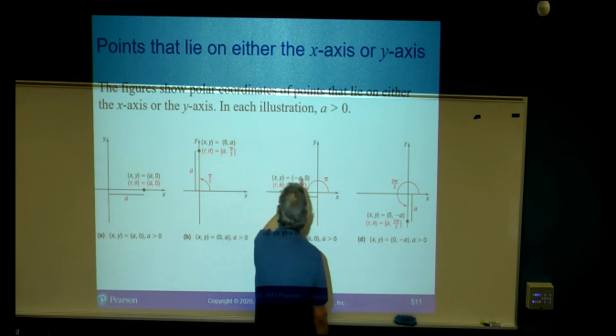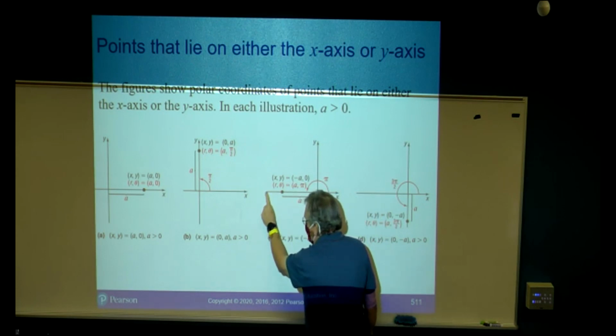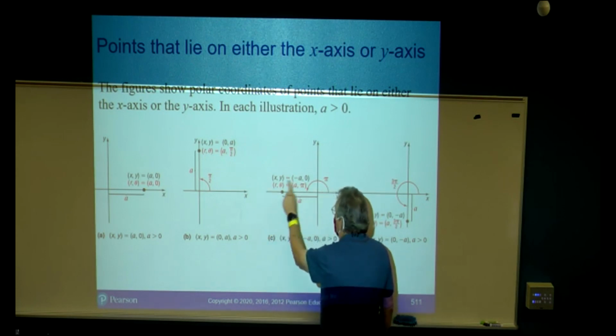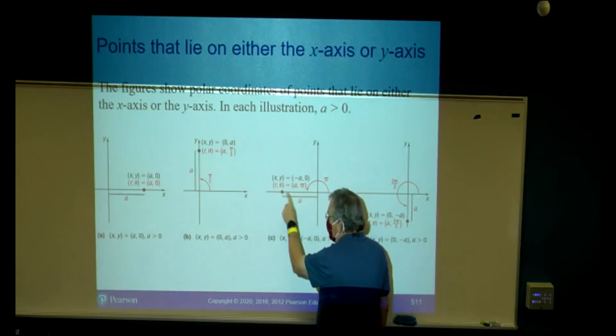If it's on the negative side of the x-axis, then the angle there is pi. Our x value in the coordinate system is negative, but in polar coordinates, we're going to write the radius as a positive number.